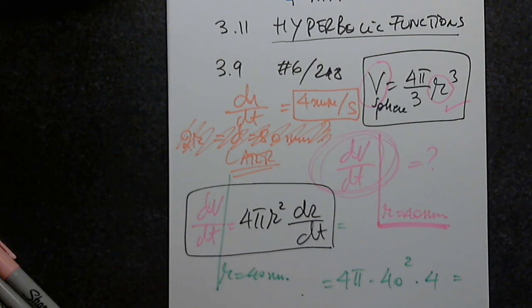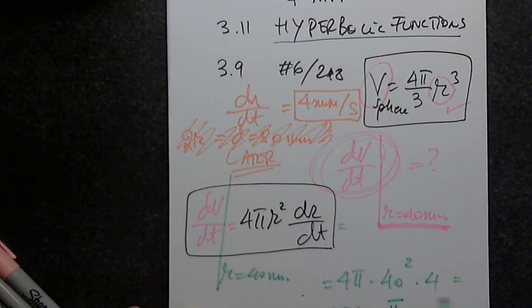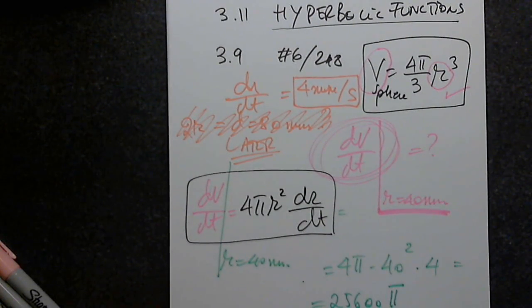So this is 16, right? 16 times 1600. I got 25600. Of course, pi, because I did not include that. Measurement unit.